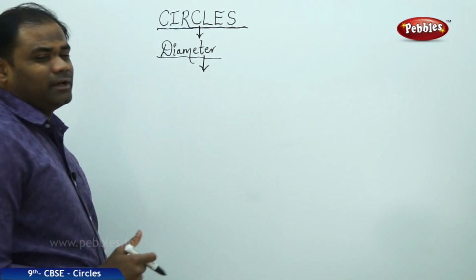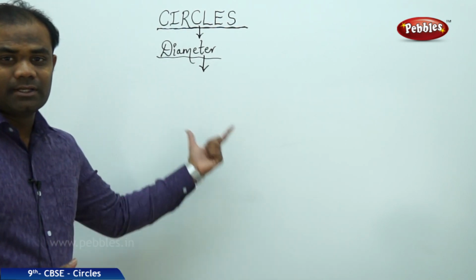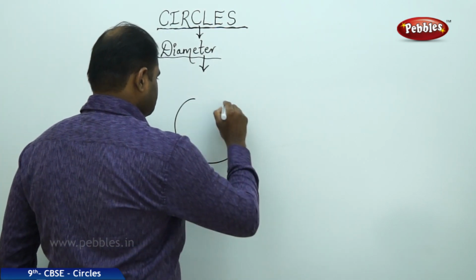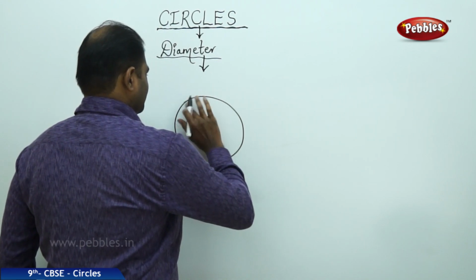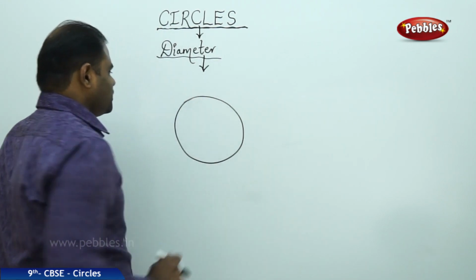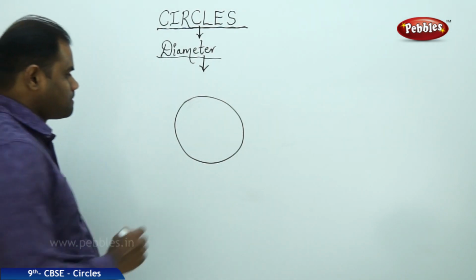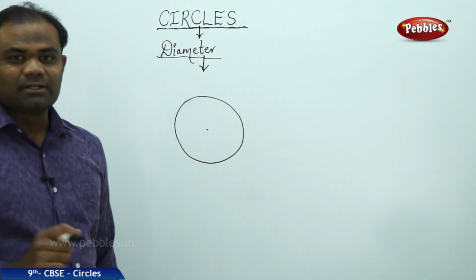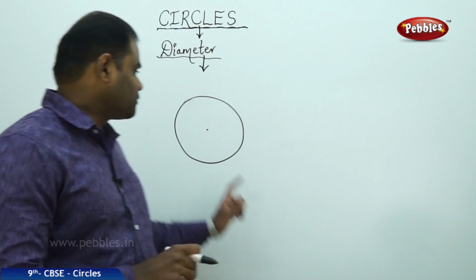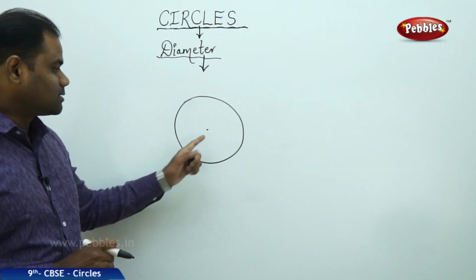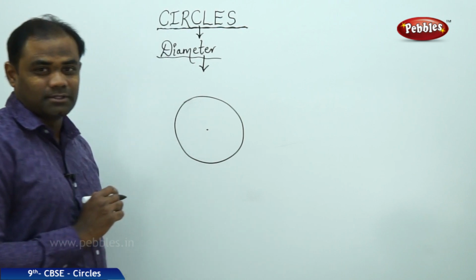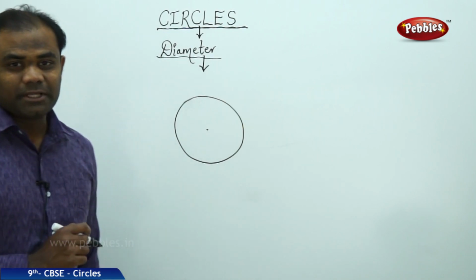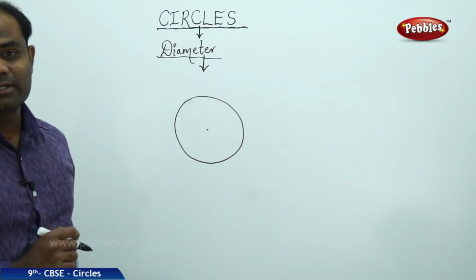To start with, the definition of the diameter. In order to define a diameter for a circle, let me take a circle into consideration. So here is the circle. Now this circle has the center, as we know that every circle is derived from a fixed point, which is the center. Say my center here is this dot. Now let me take the definition before I understand the diameter.